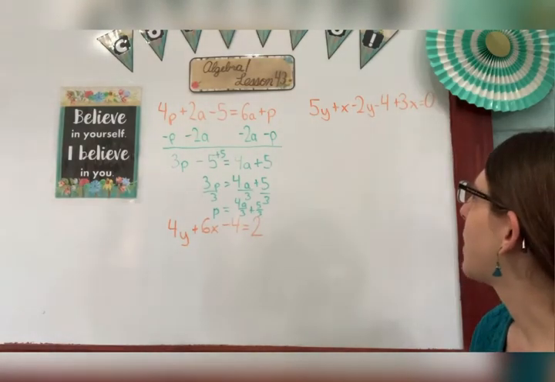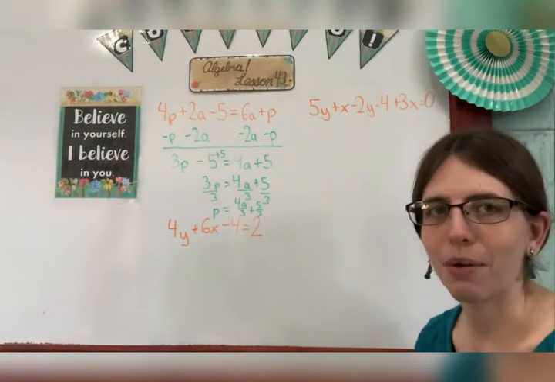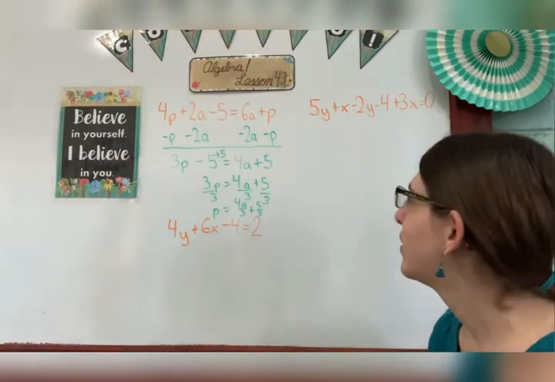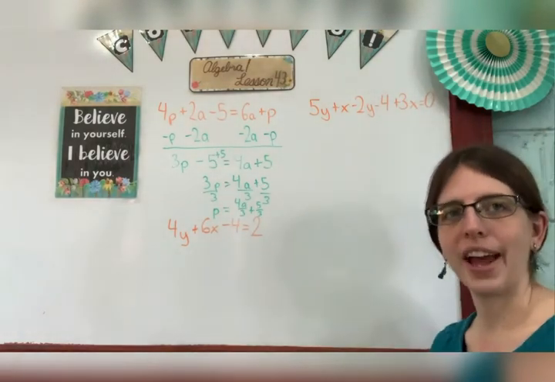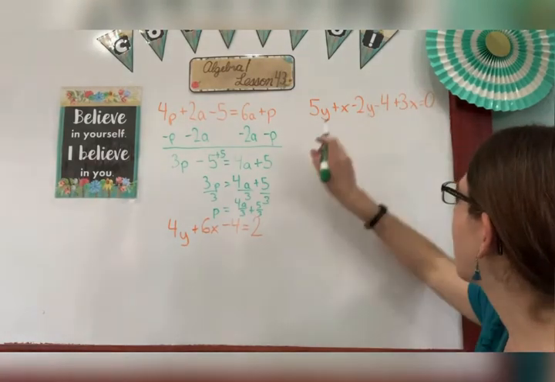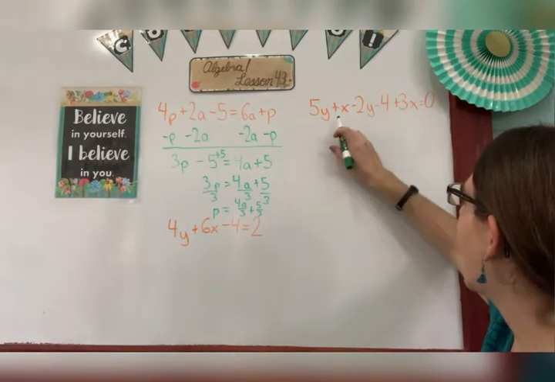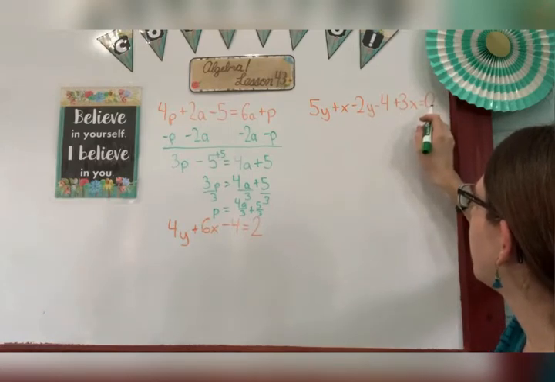5y plus x minus 2y minus 4 plus 3x equals 0. For this one, I'm going to solve for x. So since I already have a 0 on this side, and I want to get x by itself, I'm going to, first of all, combine my two x terms, x plus 3x, that's 4x, and then I'm going to move it over.